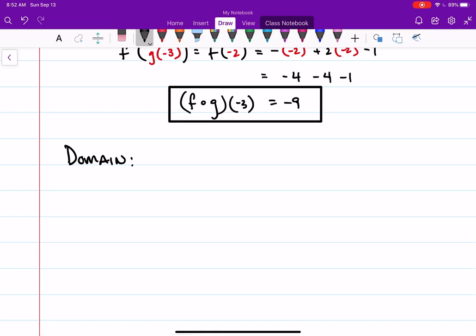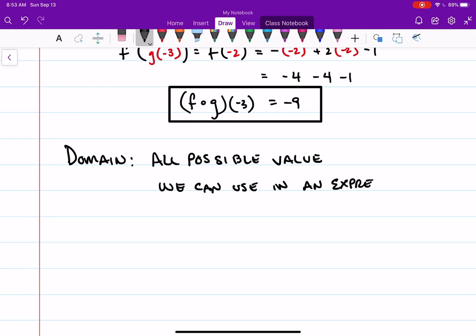And the domain was all the possible values that we can use in an expression or equation.